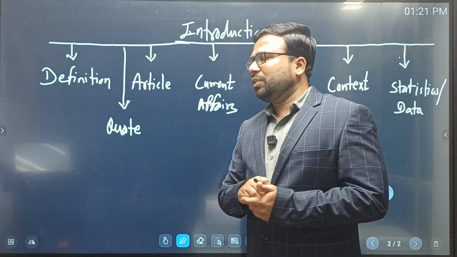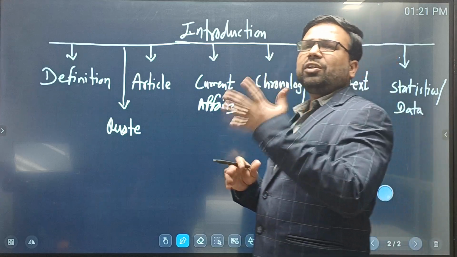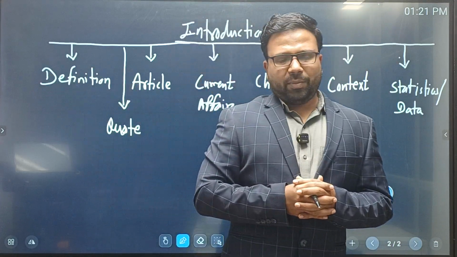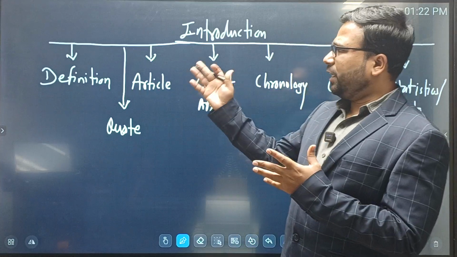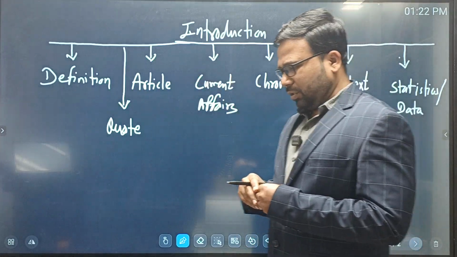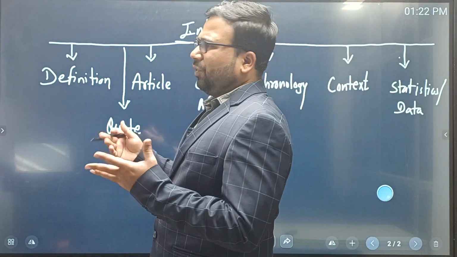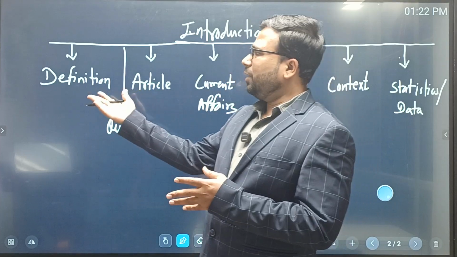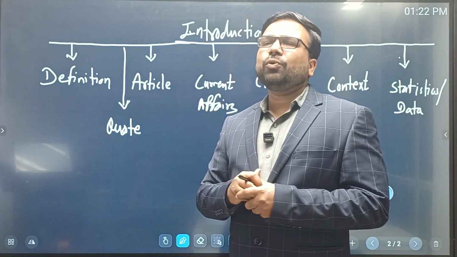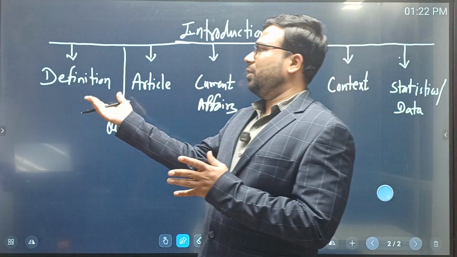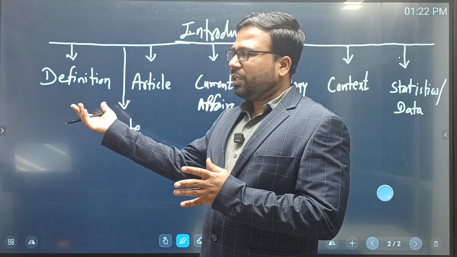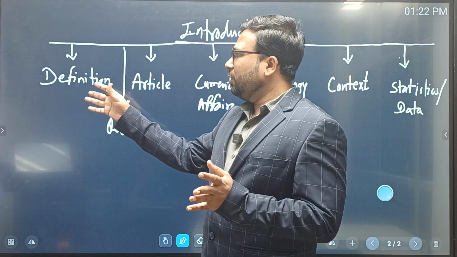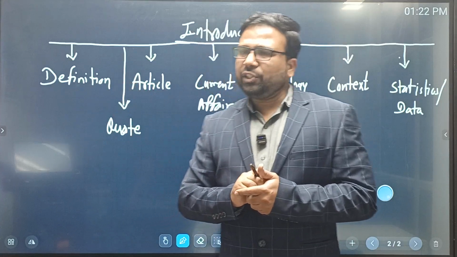For example, terrorism. If the question is on terrorism, or any Delhi terror attack, or the Pulwama terrorist attack, or any terror activity related to that, then we know terrorism. Though there is a technical definition of terrorism, here there is no need to again explain that technical definition. Everyone knows that concept, and in that context, don't use definition based introduction.